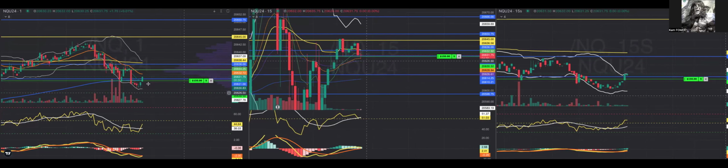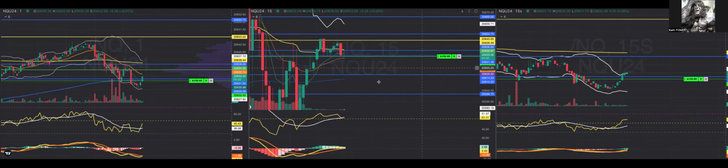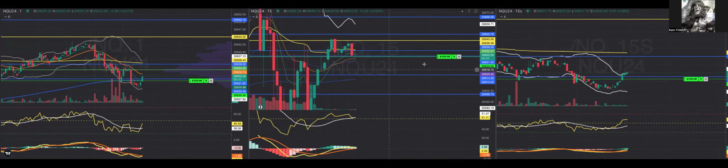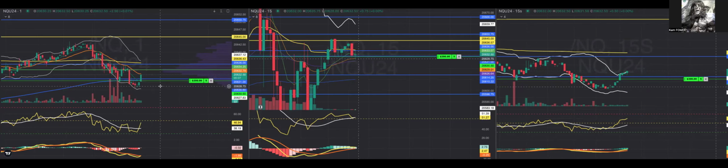So look, I could easily get out here, but I think this is a potential morning star on this 15 right now. Maybe, I might be wrong. The only reason I'm saying is because the pattern is a doji red candle followed by a doji and green one. So I got in a little too early, but let's see how it plays out.